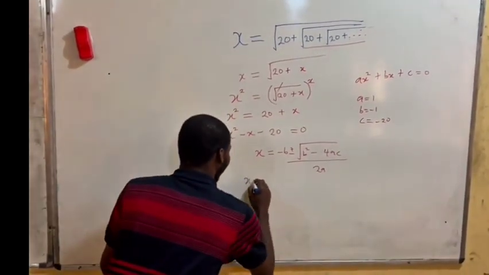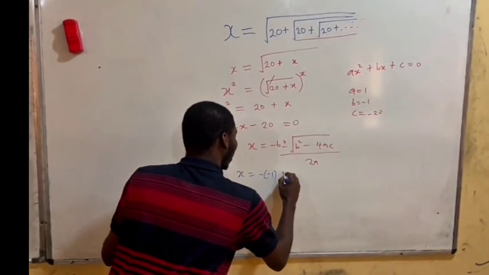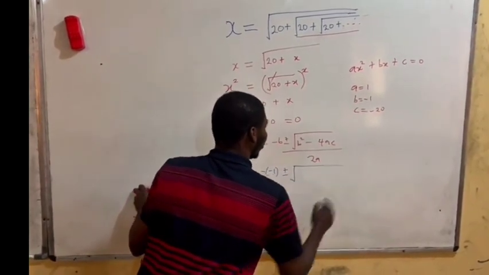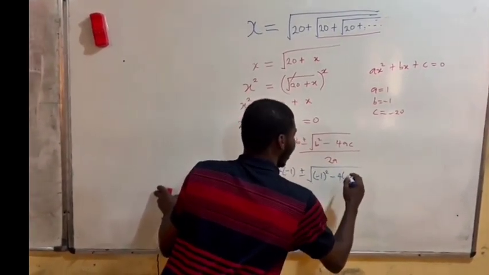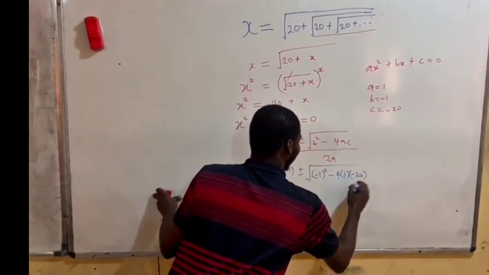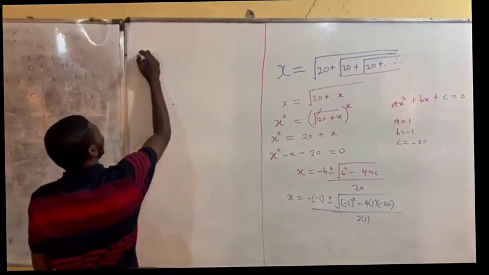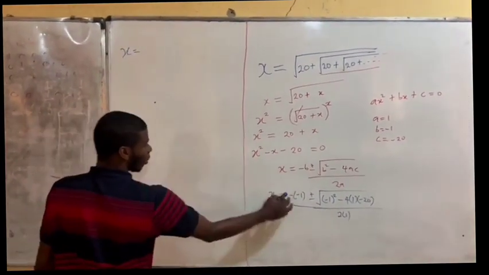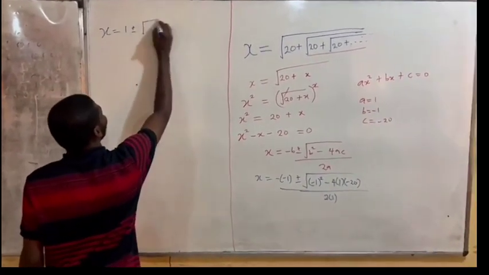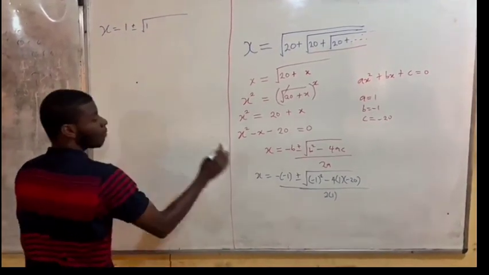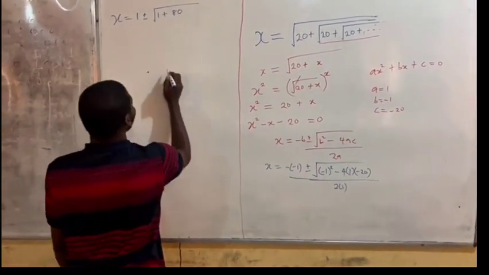So from here, x equals minus b. Our b is minus 1, so it will be minus minus 1, plus or minus the square root of minus 1 squared, minus 4 times a, which is 1, times c, which is minus 20, all over 2a, which is 2 multiplied by 1. So x equals 1 plus or minus the square root of minus 1 squared, which is 1, then minus 4 multiplied by 1 multiplied by minus 20, which is simply positive 80, all over 2.